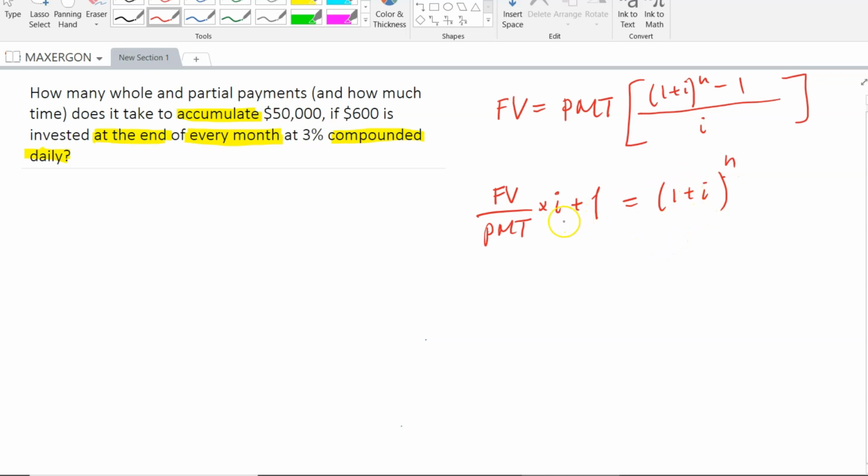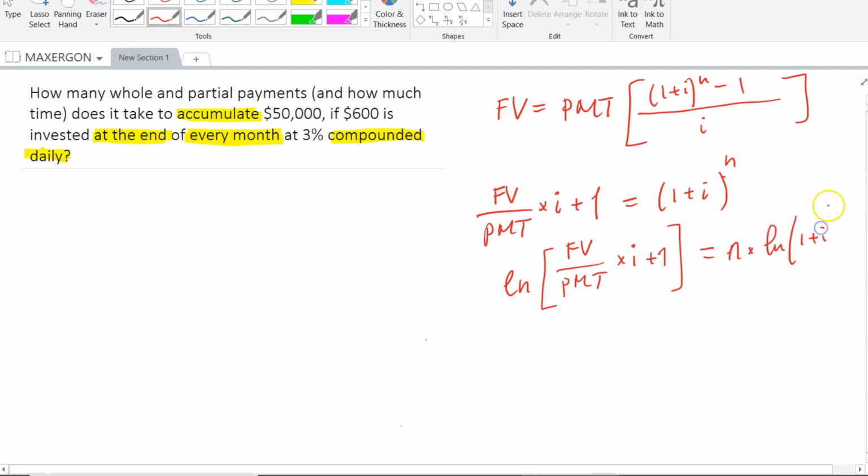Now we'll use logarithms on both the left side and the right side. When we use logarithms, we apply the logarithm rule so that n comes in front of the logarithm as multiplication. So we'll have the logarithm of future value divided by PMT times I plus 1, and on the right side it will be n times the logarithm of 1 plus I.